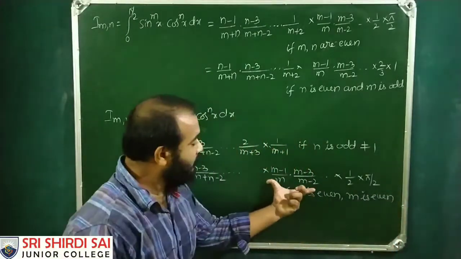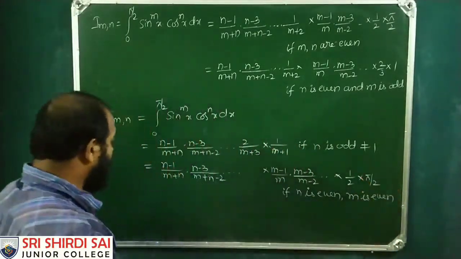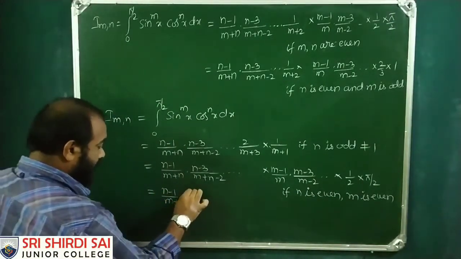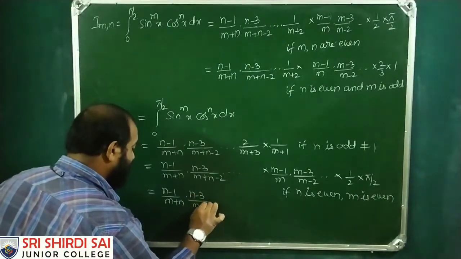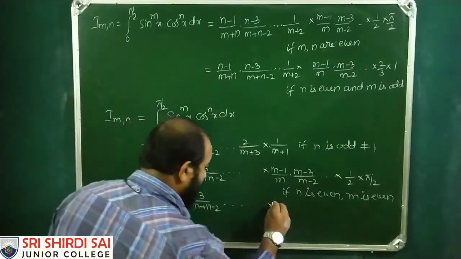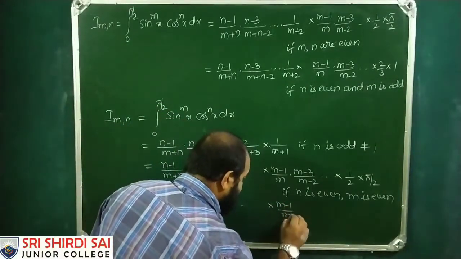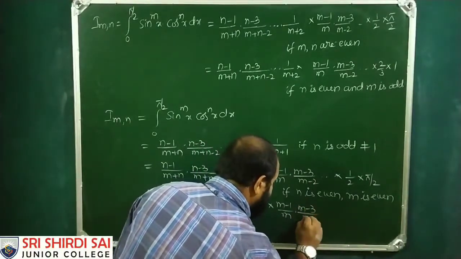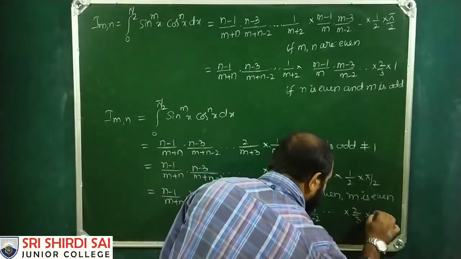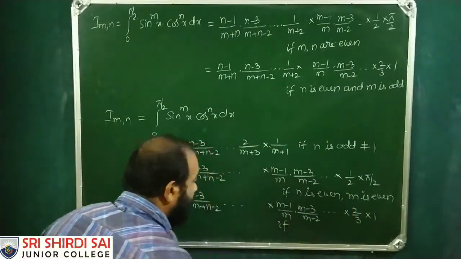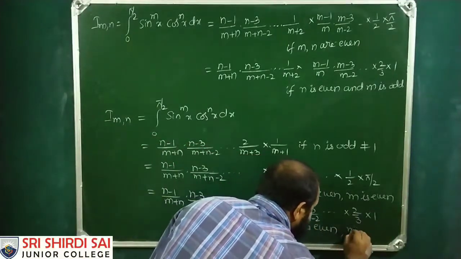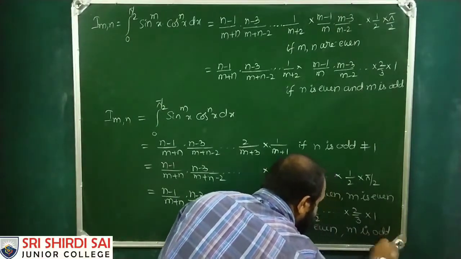Since m is even, this part we discussed yesterday. And the same is equal to (n minus 1) by (m plus n) into (n minus 3) by (m plus n minus 2), etcetera, into (m minus 1) by m into (m minus 3) by (m minus 2), etcetera, into 2 by 3 into 1, if n is even, m is odd. This we have discussed yesterday.